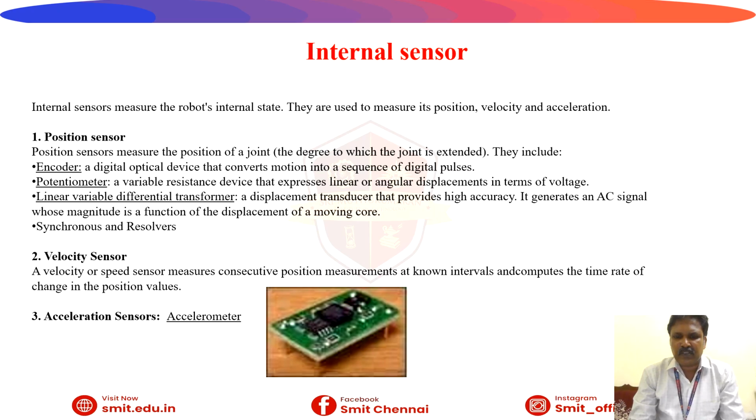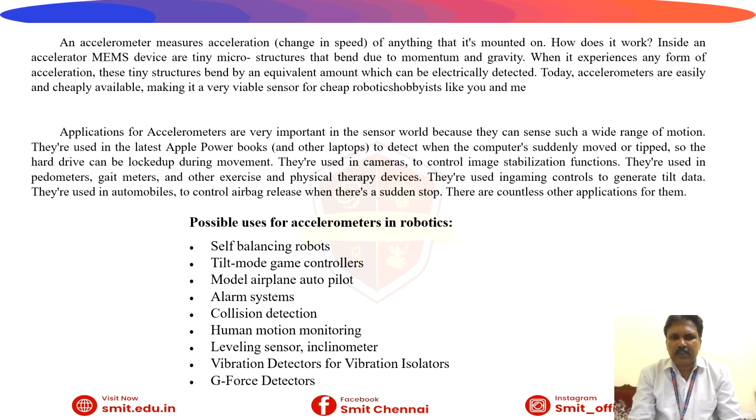Then acceleration sensors, the accelerometer. We will see what an accelerometer is and how it functions. An accelerometer measures acceleration, as the name itself says, that is change in speed. Acceleration is nothing but a change in speed with respect to time of anything that it is mounted on.